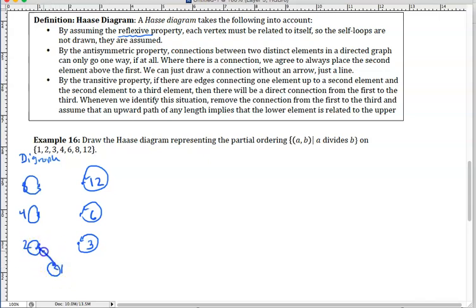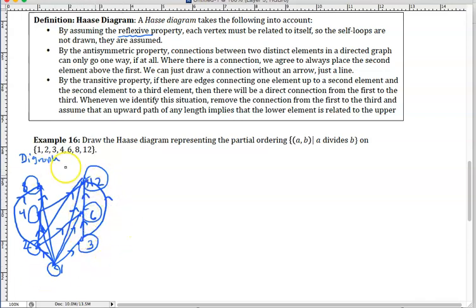So 1 divides into 2, 1 divides into 4, 1 divides into 8, 1 divides into 3, 6, and 12. 2 divides into 4, 2 divides into 6, 2 divides into 8, 2 divides into 12. 4 divides into 8, 4 divides into 12. 3 divides into 6, 3 divides into 12, 6 divides into 12.